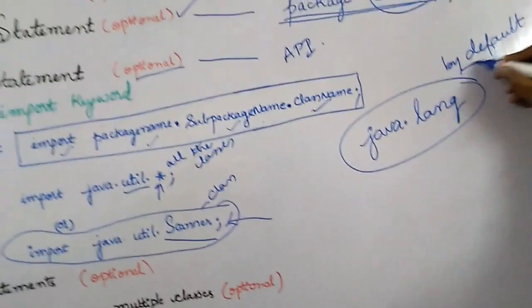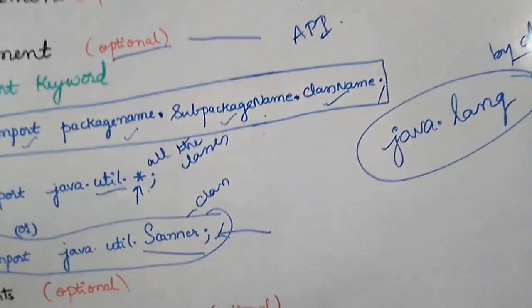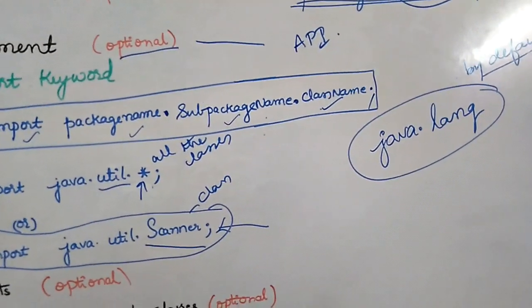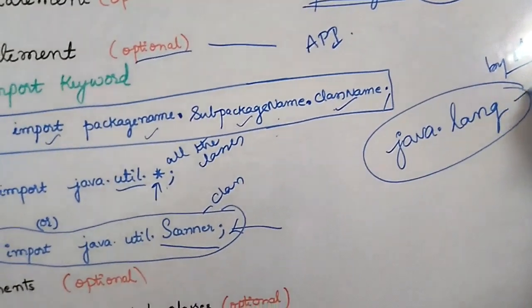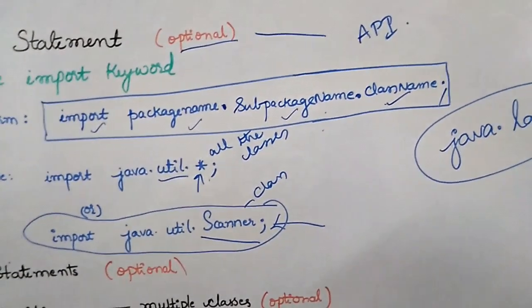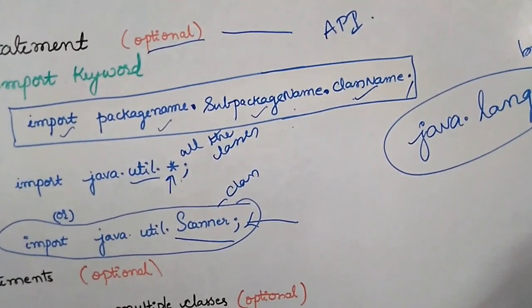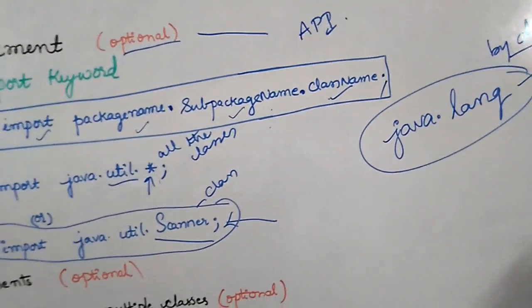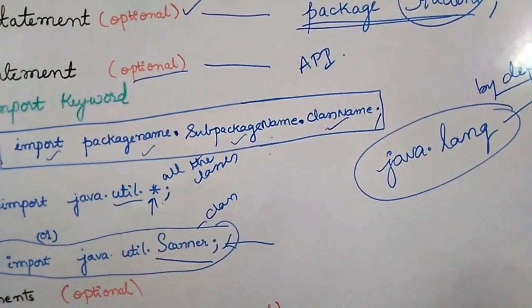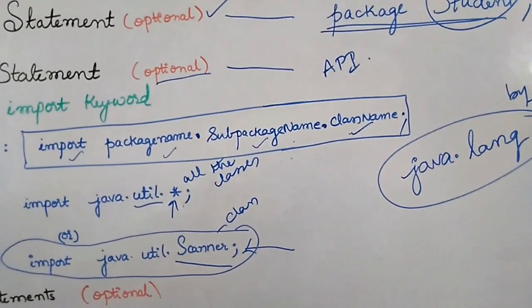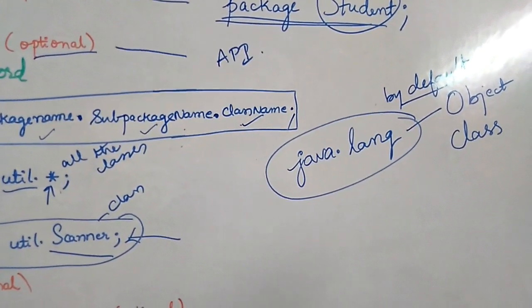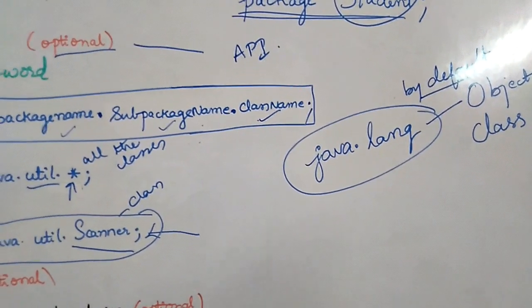It is included because it has all the fundamental classes that a Java program needs. For example, java.lang has the Object class, which is the parent of any class that you write. If a class is not extending any other class, then Object is its direct parent. It also has another class called Class, and all the wrapper classes like Integer, Byte, Float and so on.